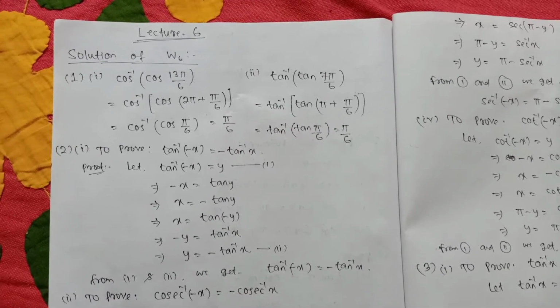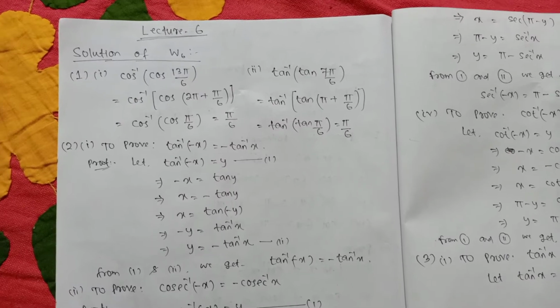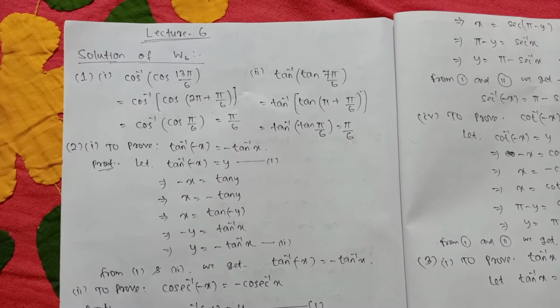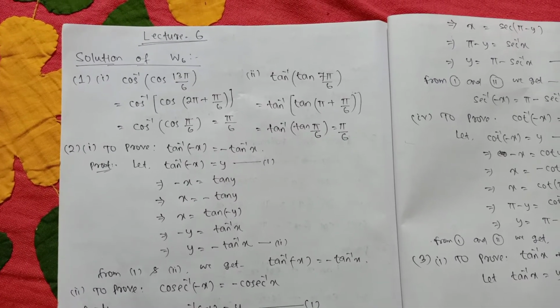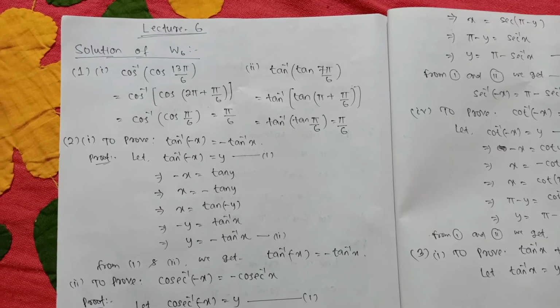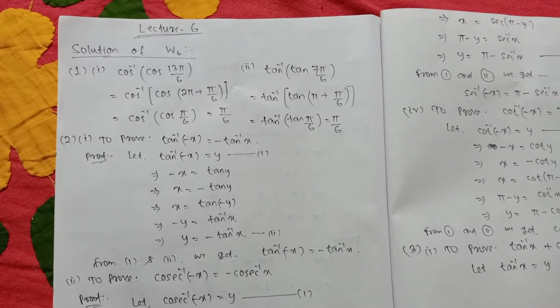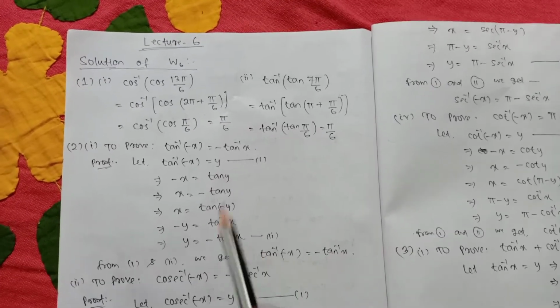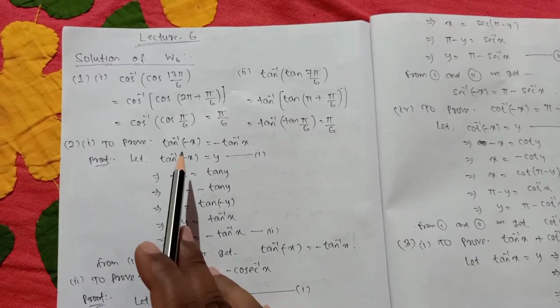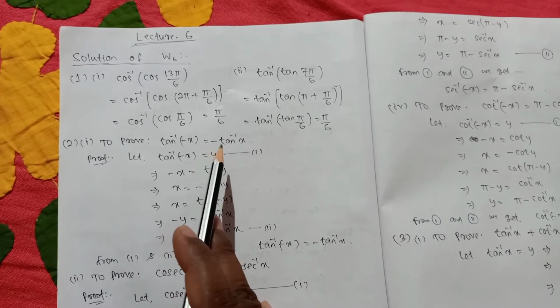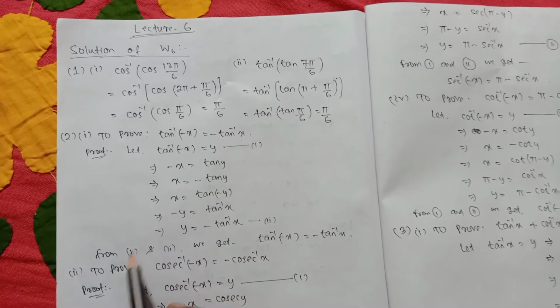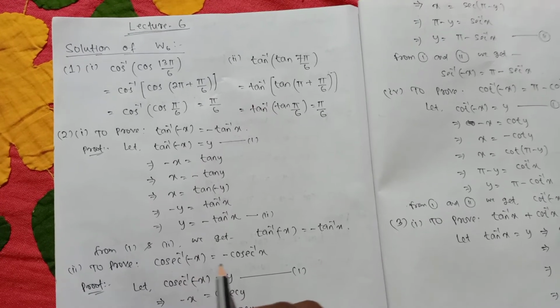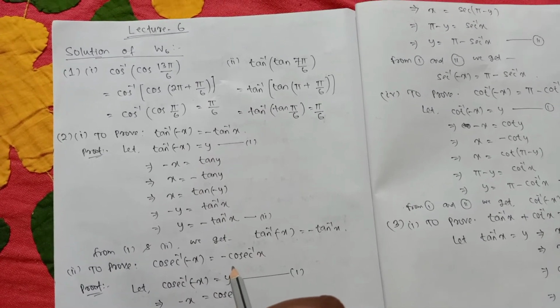Before we proceed, check out the solution of workout 6, which I named W6. The issue is that along with the proof we have to remember the formulas also. Tan inverse of minus x is minus tan inverse x, and cosec inverse of minus x is equal to minus cosec inverse x.